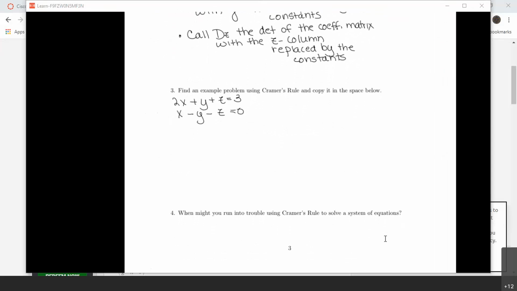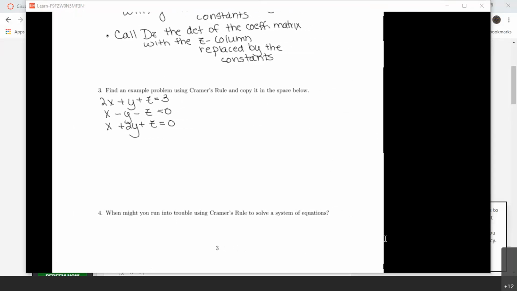It's 3 equations and 3 unknowns, which will give us a square coefficient matrix. Everybody comfortable with this?